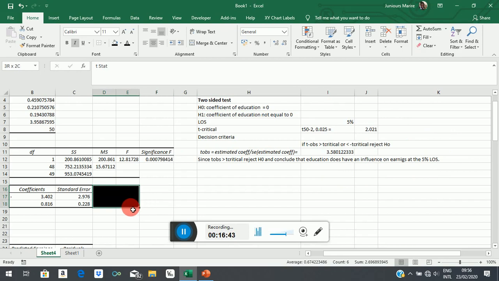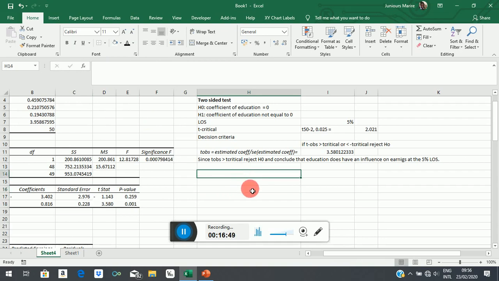Right, so I will stop here, but before I do that you will probably see this thing in a two variable regression like this. This t we calculated here is actually the same thing as the square root of the f.